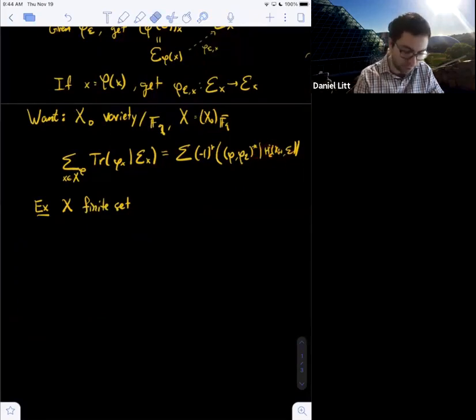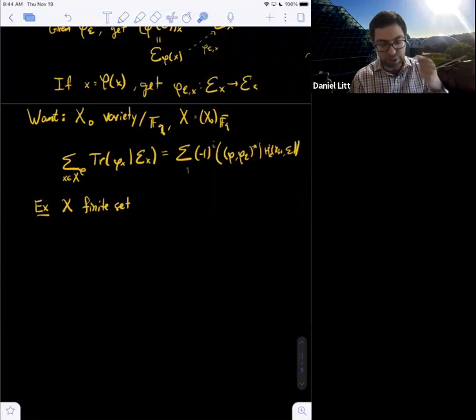Sorry, this R should be an i. So we only get something where i is 0. If you think a little bit, you'll see that the content of this theorem is that the only contributions to the trace are coming from fixed points, and the proof is just that the trace of a block matrix only sees the traces of the blocks on the diagonal.